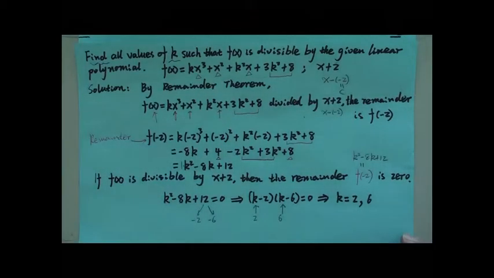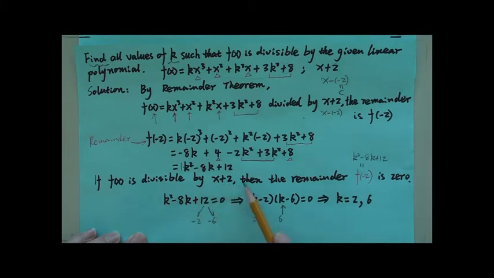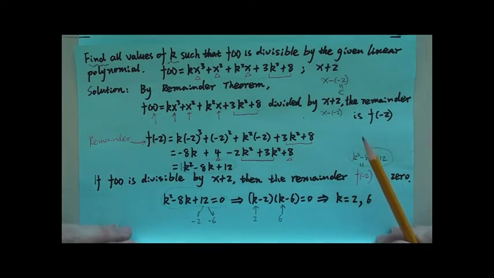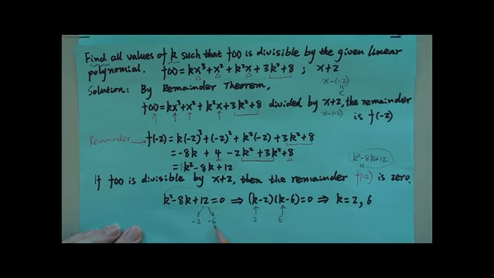Now this is our remainder for the polynomial. If f of x is divisible by x plus 2, then the remainder f of negative 2, which is this one simplified, is 0. So this one has to be 0, so we let this one be 0 and solve for k. Now this is like a quadratic equation. 12 is negative 2 times negative 6.